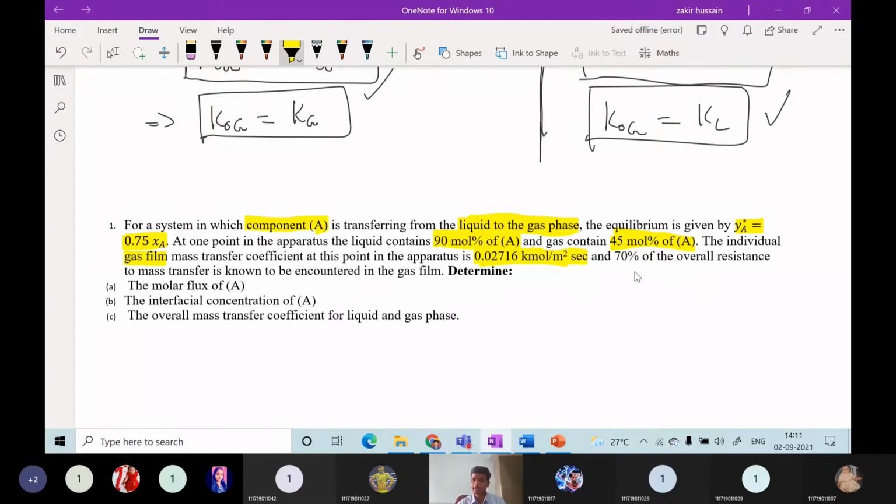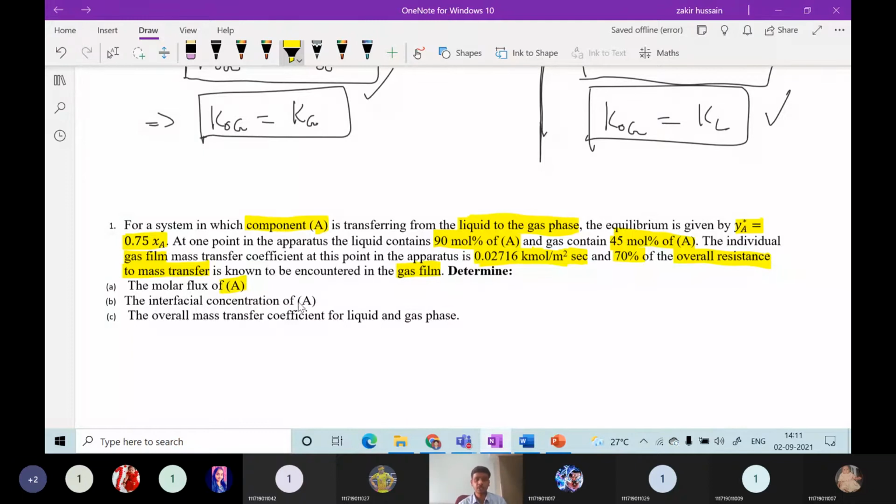Then 70% of the overall resistance to mass transfer is known to be encountered in the gas film, means 30% is in the liquid film and 70% is in the gas film. That's what this statement says. Then determine the molar flux of component A, NA.